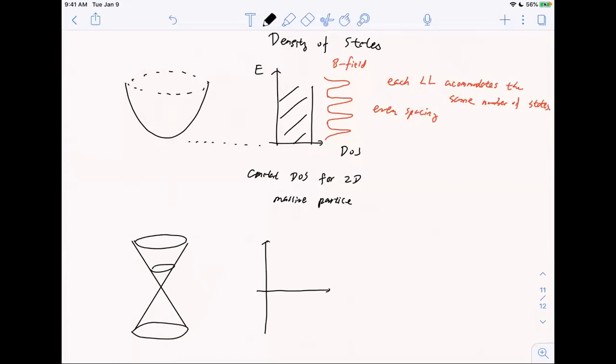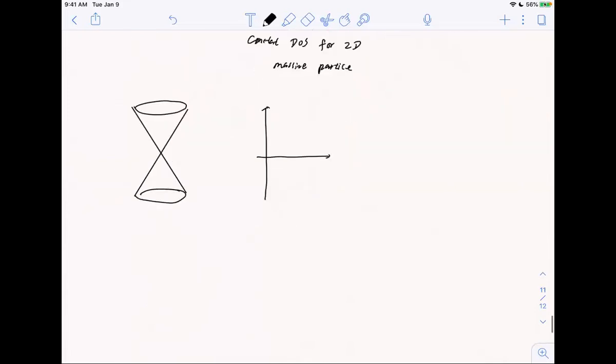So from the size of this ring, you can already know the number of states, right? So the number of states, or you can say the density of state, is proportional to k in this case, because it's the size of this ring.